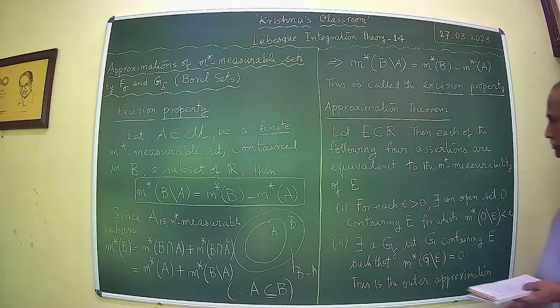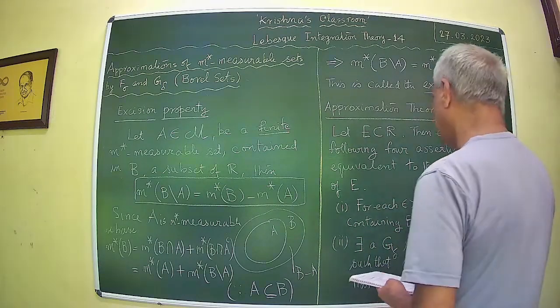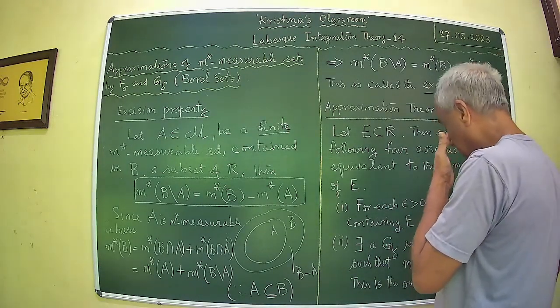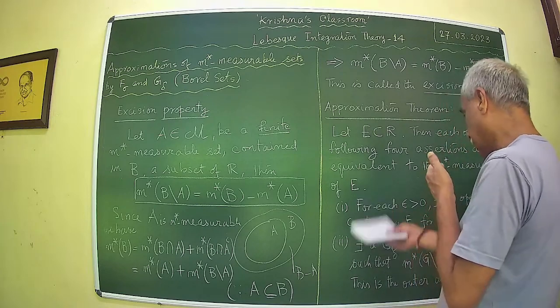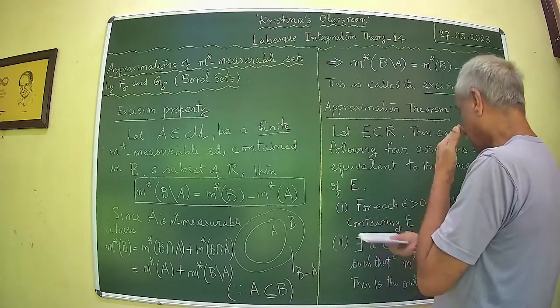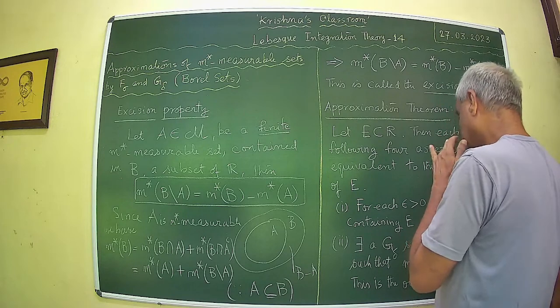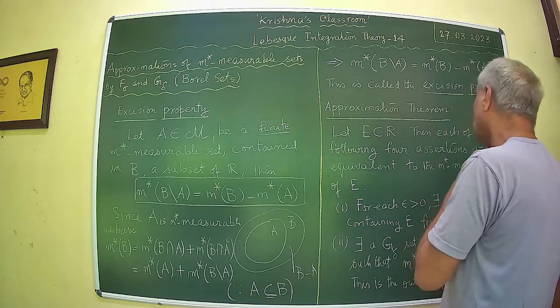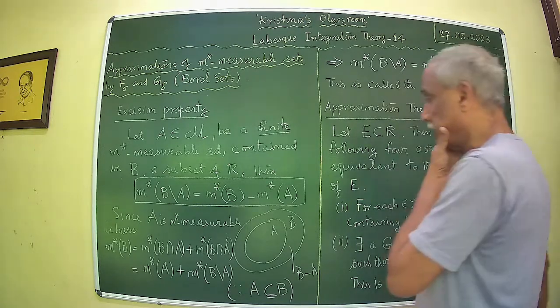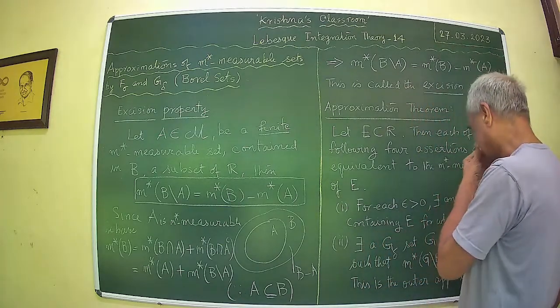That means each of these two statements, 1 or 2, implies that E is M star measurable.